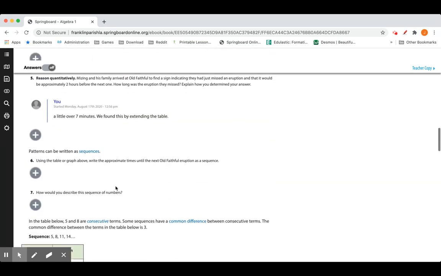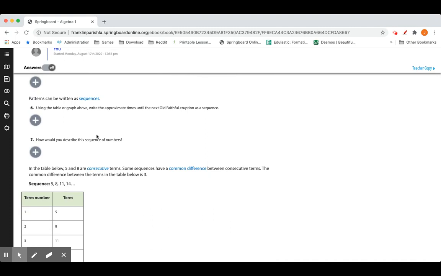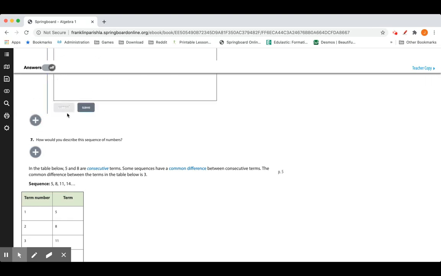All right. Number 6, patterns can be written as sequences. Now, sequences are just a list of numbers. So we're going to write, using the table or graph above, the approximate times until the next Old Faithful eruption as a sequence. We're just going to write it down as a list.